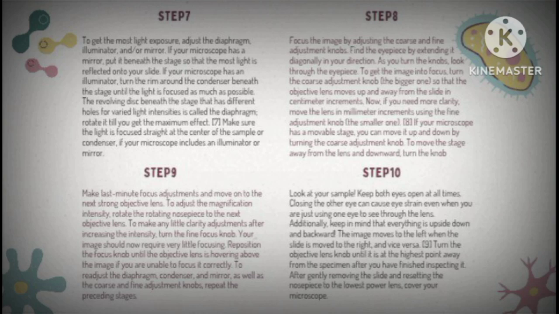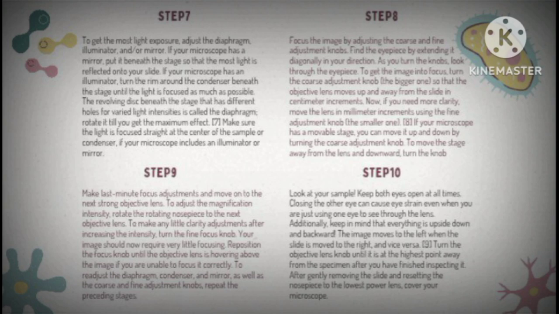If your microscope has an illuminator or mirror, focus the image by adjusting the coarse and fine adjustment knobs. Find the eyepiece by extending it diagonally in your direction. As you turn the knob, look through the eyepiece to get the image into focus.